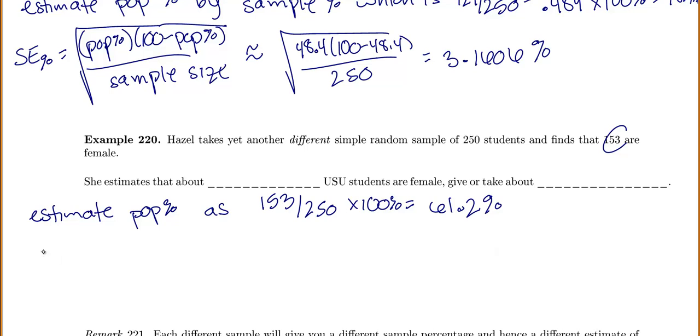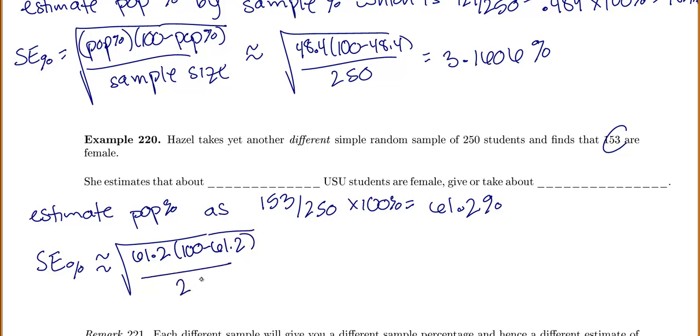And now find the standard error, and since I'm going to have to estimate the percentage, it's 61.2 times 100 minus 61.2 divided by 250, which is 3.08%.